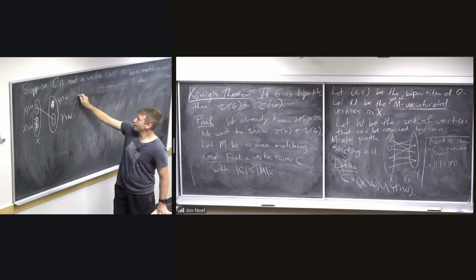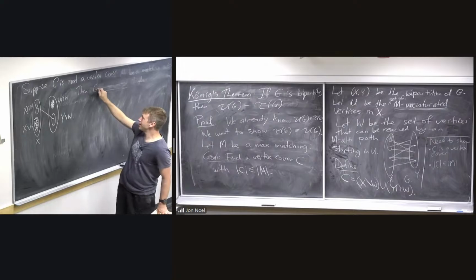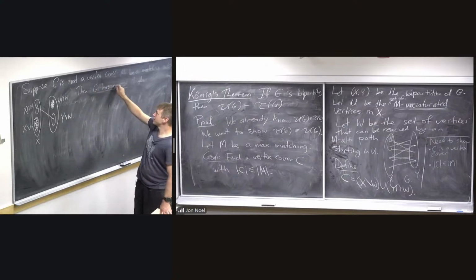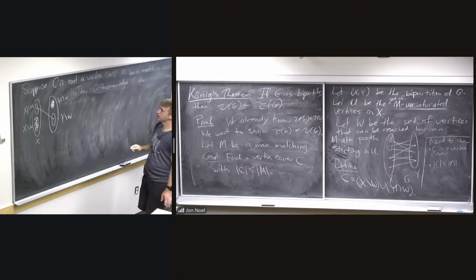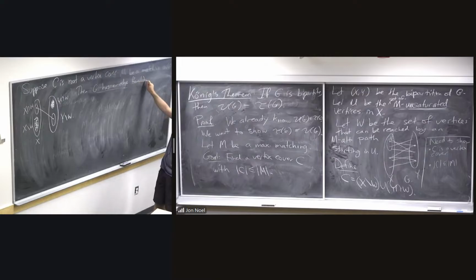So what this means is that G has an edge from X intersect W to Y take away W. Can anyone see how this is going to be a contradiction?